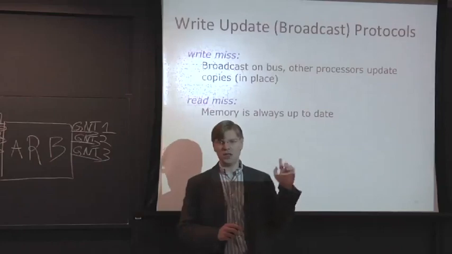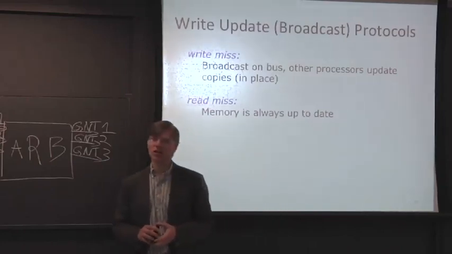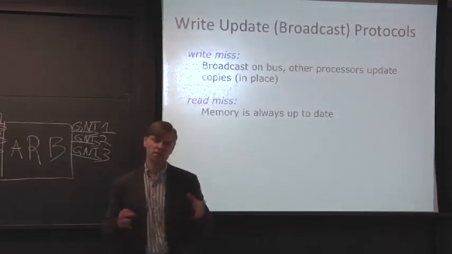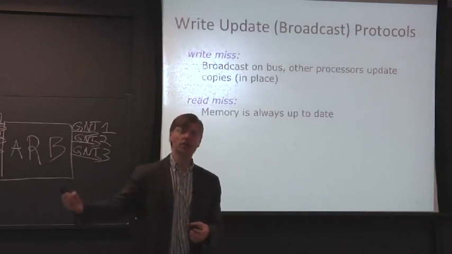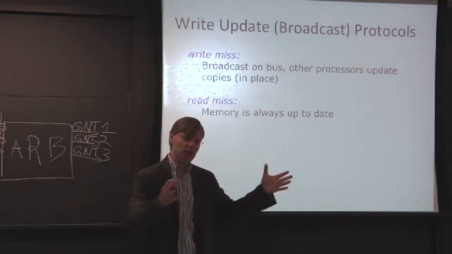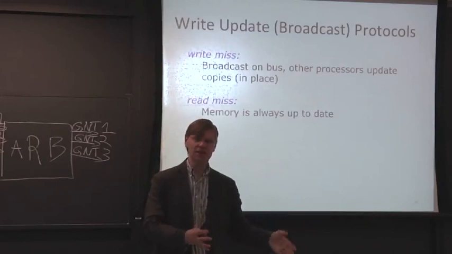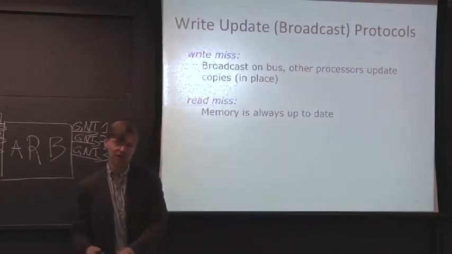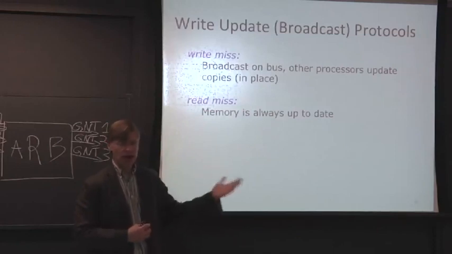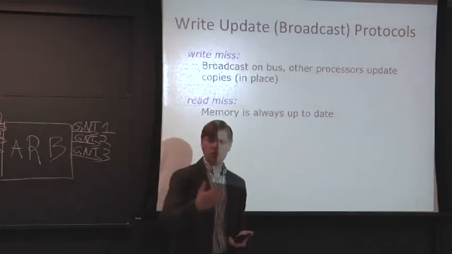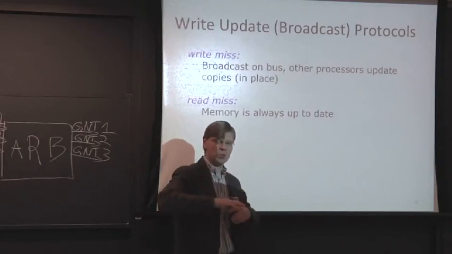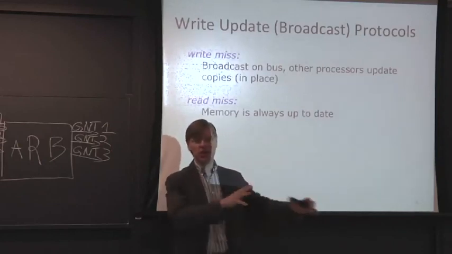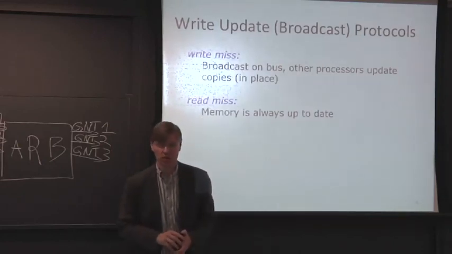But the case where an update-based protocol actually wins is if you have many readers and one writer. So let's say you have 5 processors which are reading the output of one processor via memory. So you have some sort of producer-consumer relationship. In an update-based protocol, you can have that one processor just write, and it will broadcast and push the data to the 5 processors that are trying to do the read.